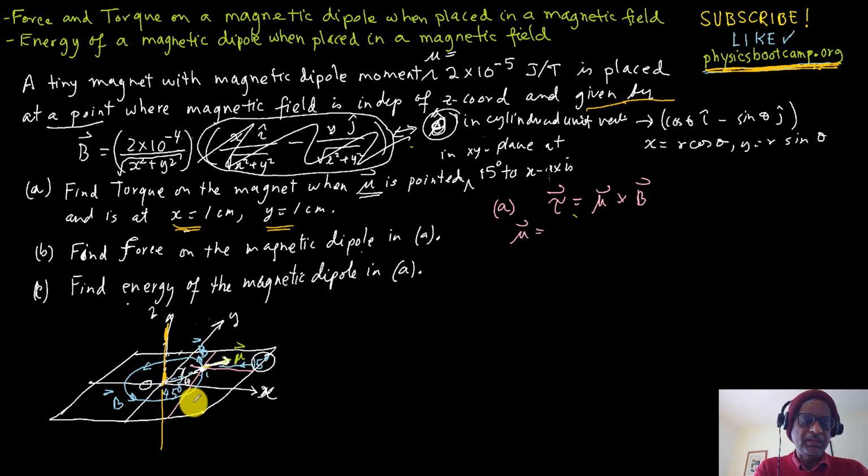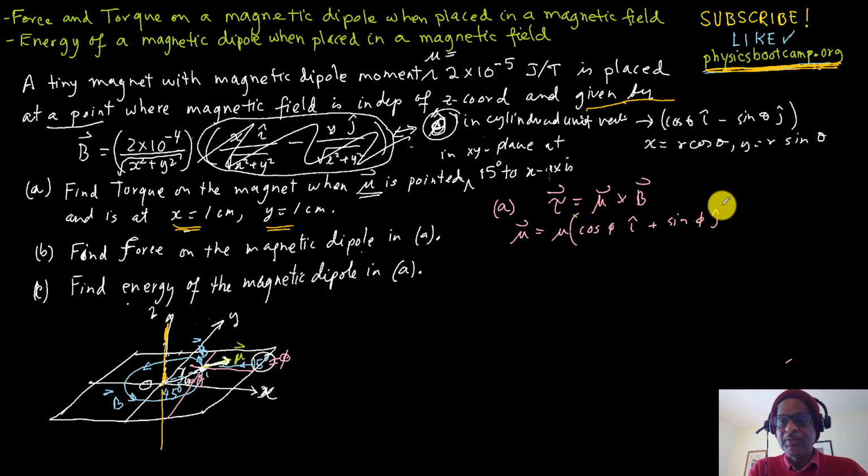Mu is along 15 degrees to the x direction. Let's call that angle phi, and let's call this other angle theta. So mu is mu times cosine phi i hat plus sine phi j hat.